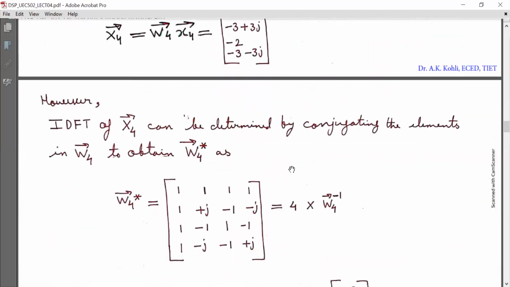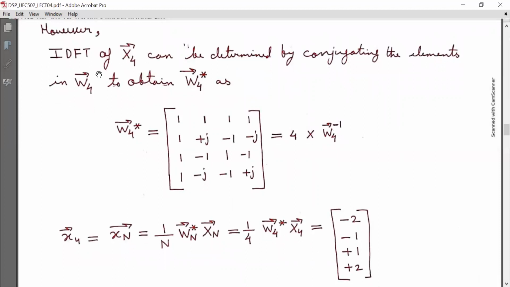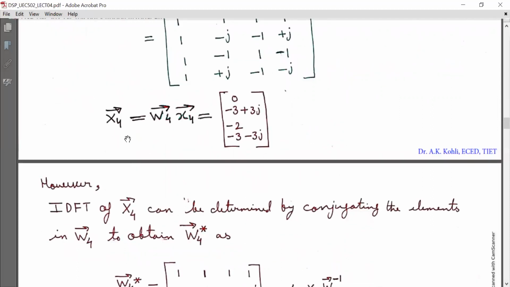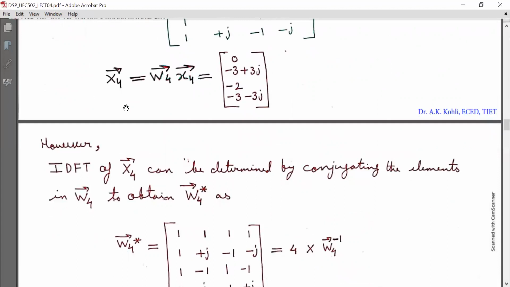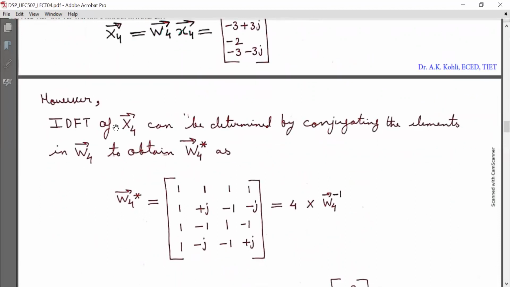However, now the IDFT of capital X. What have we done? We have calculated its DFT. To verify whether I am correct or not, I will go for its IDFT also and try to obtain the same sequence.